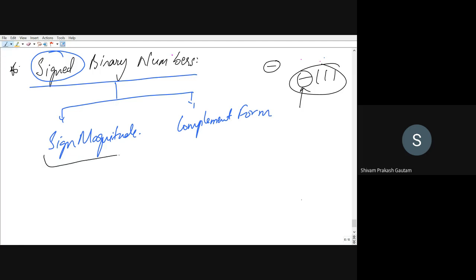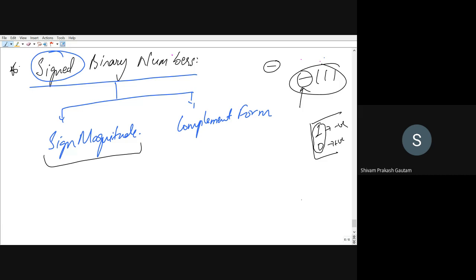In sign magnitude, you will be using 1 bit to represent the sign of that number. Let us suppose if there is 1, you assign 1 as negative number and 0 as positive number. We will see an example; I'm just giving you a brief. We use one bit of the binary number to represent the sign.